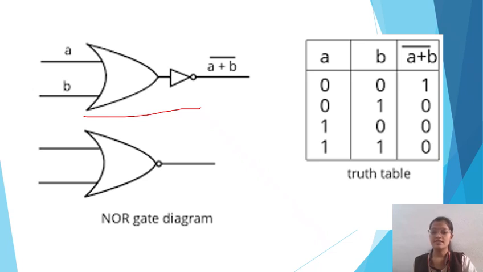As A 0, B 1, 0 plus 1 is 1, and 1 complement is 0. As A 1, B 0, 1 plus 0 is 1, and 1 complement is also 0. As we take A, B as 1 and 1, 1 plus 1 is 0 carry 1, but the complementary form is 0. This is the truth table and gate diagram of the NOR gate.